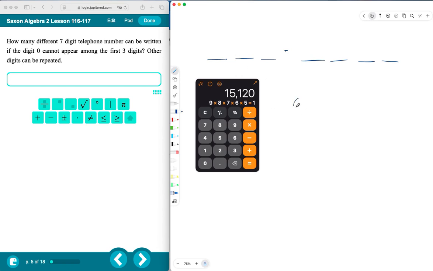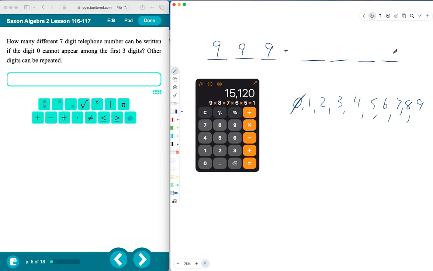We know there's 10 digits: 0, 1, 2, 3, 4, 5, 6, 7, 8, and 9, right? 10 digits. So we cannot use the 0. That leaves 1, 2, 3, 4, 5, 6, 7, 8, 9 that we can use in the first 3 digits, because it says we can't put a 0 there. So 9, 9, 9. And it says other digits can be repeated.